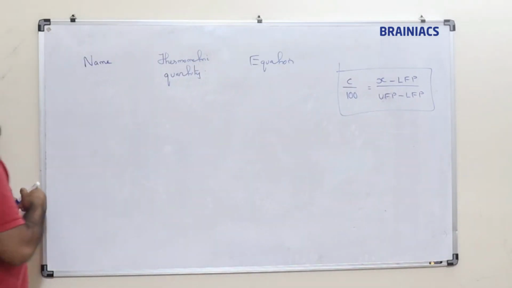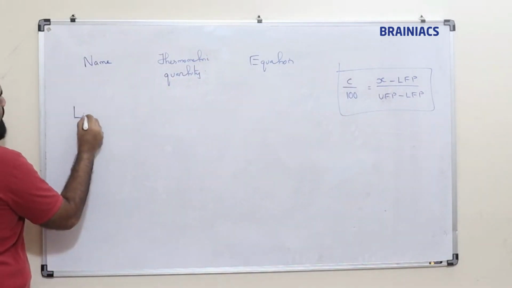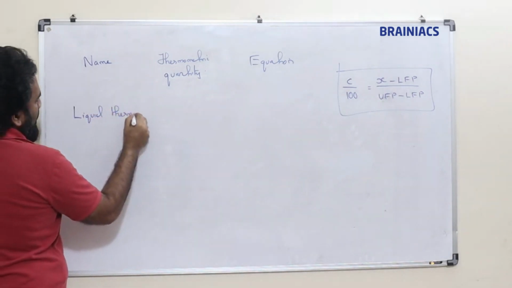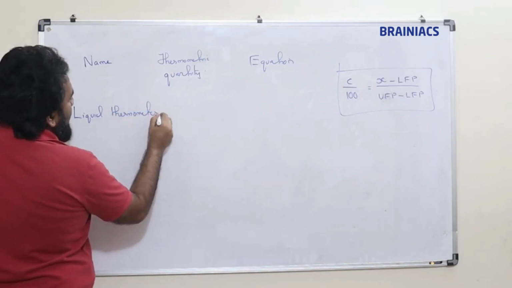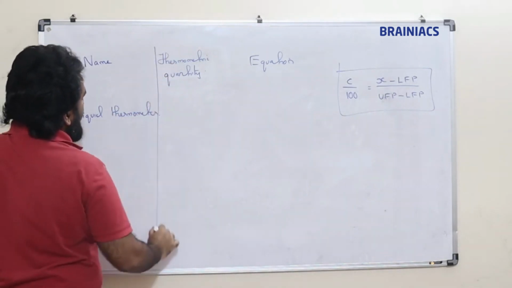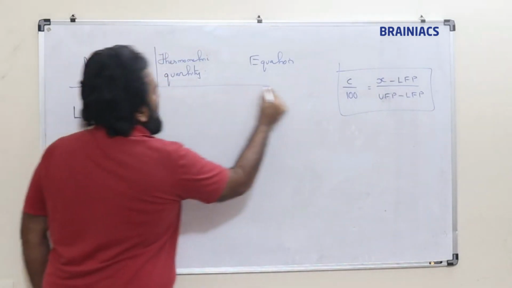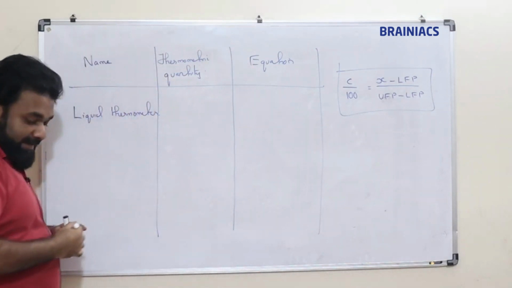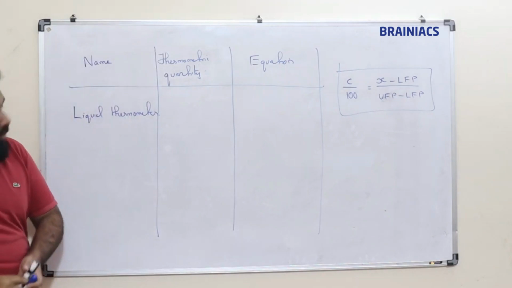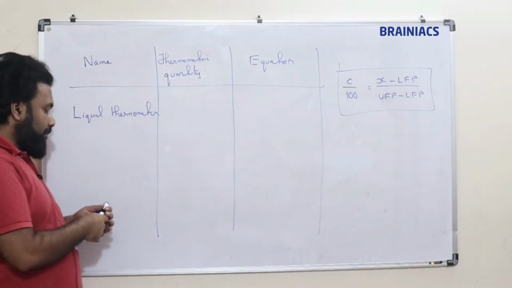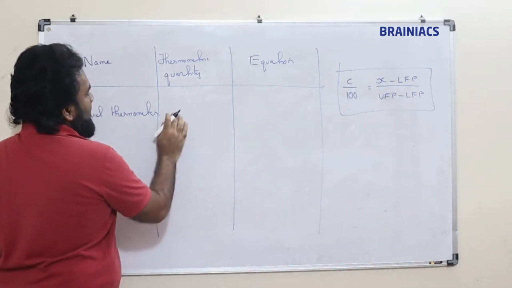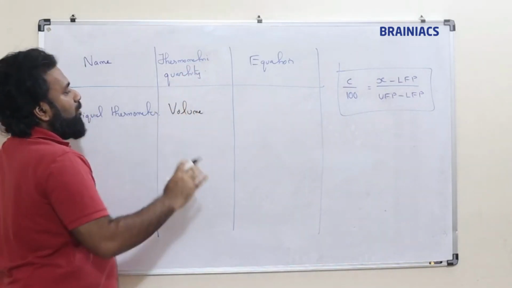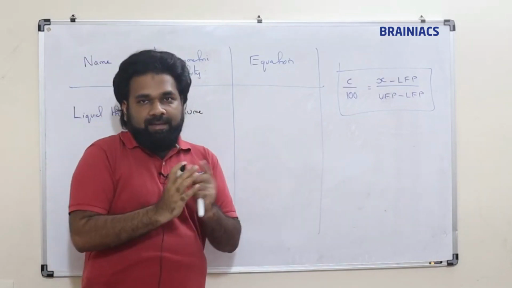Okay, first thing is the liquid thermometer. So in a liquid thermometer, the volume of the liquid, or even it can be height, volume or height, anything can come. So suppose if it is volume, let us write this is the thermometric quantity, volume will be increasing and decreasing.